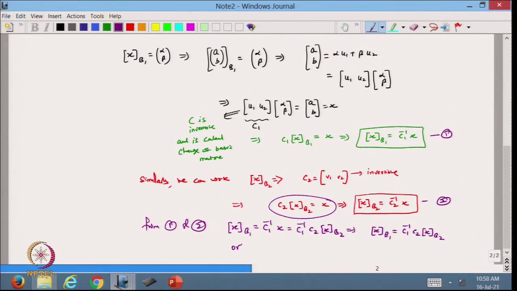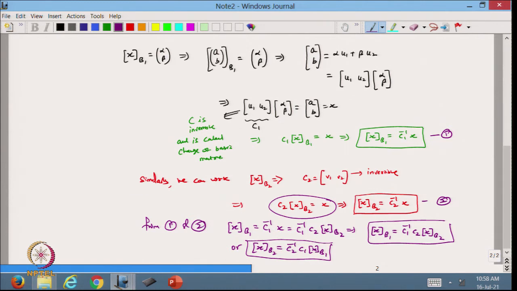So, this is the relation between the coordinates of the vector x with respect to basis B1 and with respect to basis B2. Or I can write B2 is equal to C2 inverse, and x I can write from here C1 B1. So, this is the relation between the coordinates of the same vector with respect to different bases.